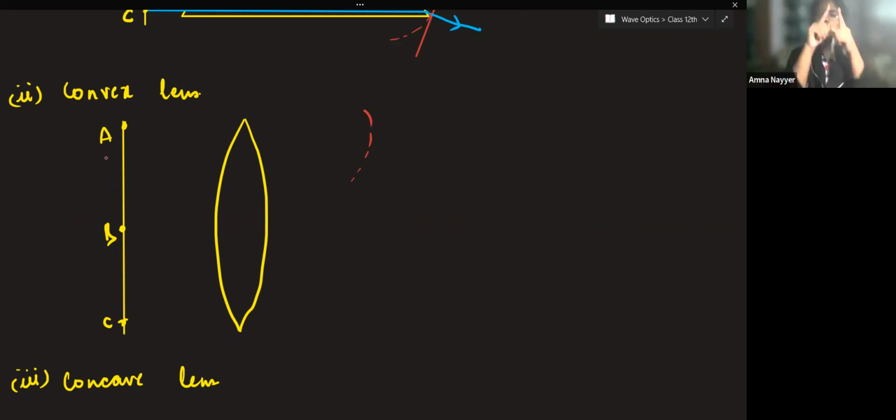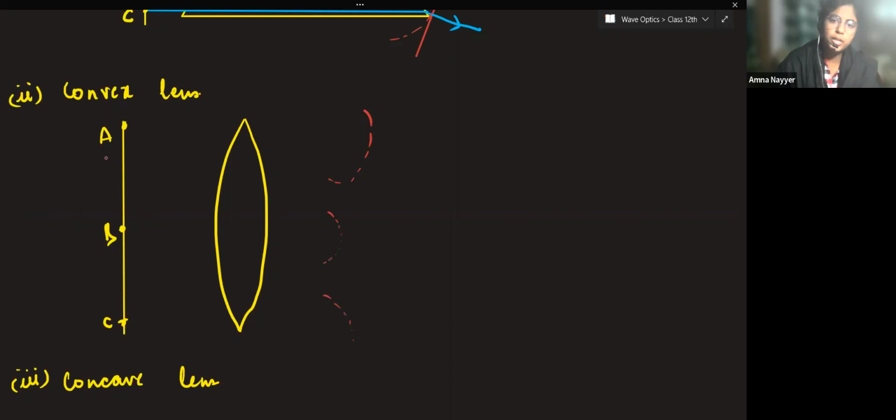Convex lens. So you know the shape of a convex lens. The edges of the lens are thinner, at the center it is thick. So if it is thick, this will cover a lesser distance, and this will again cover a greater distance.